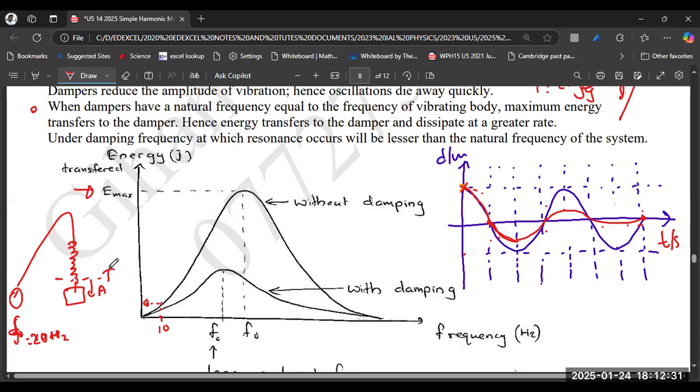It won't change, however, because it's the same m over k. So the time period would not change, but the amplitude would be greater. So when the frequency is 20, the kinetic energy that it vibrates with would be much greater. Then frequency 30, let's say. Likewise, I can change the frequencies.